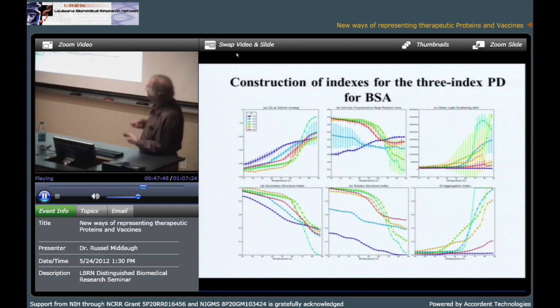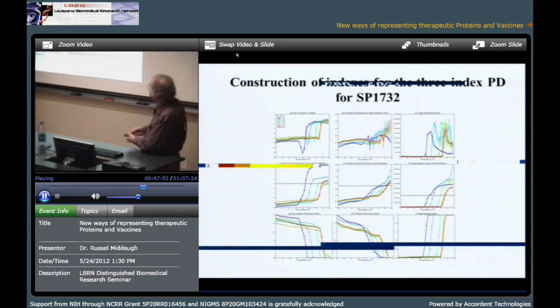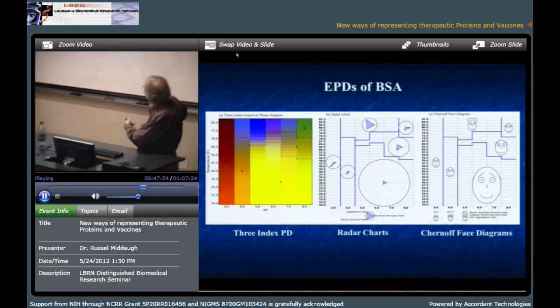Okay, and here are just a bunch of examples of the new types of phase diagrams that we're talking about. These are these indices right here, and, oops, let me go back. Here's the index phase diagram, and here's a version using radar charts, a version using Chernoff faces.